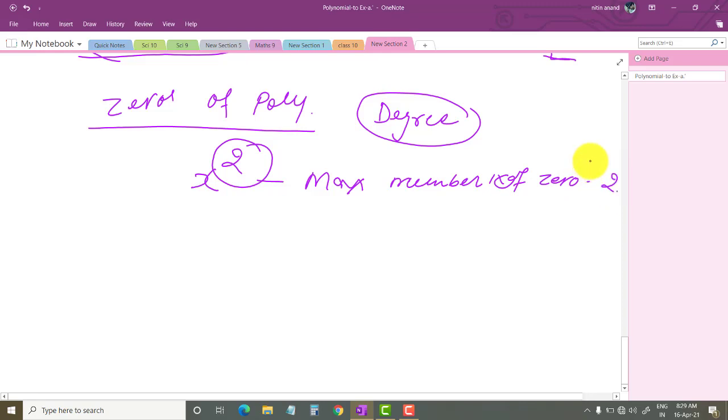It may be 1, it may be 2, and also it may be that there is no zero of this polynomial. But if we talk about the maximum number of zeros, then it is clear that the maximum number of zeros is equal to their degree. Okay, we are talking about the maximum number, but the zeros may be fewer than their degree.